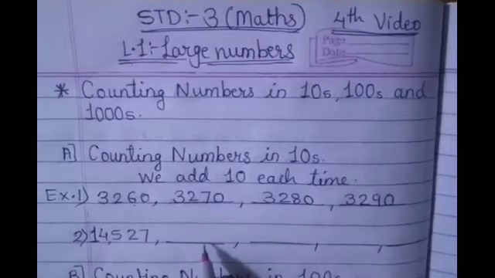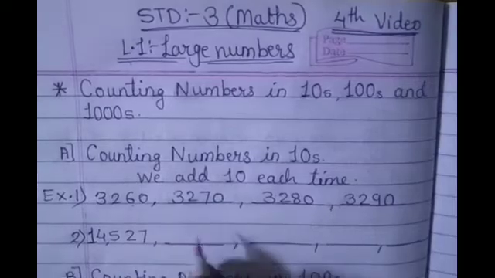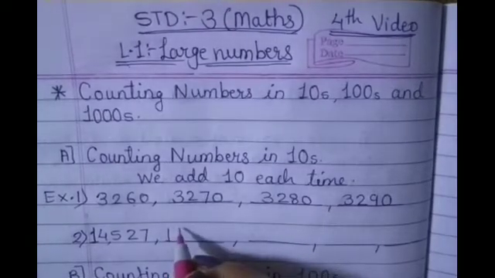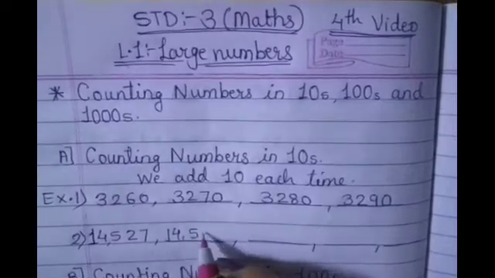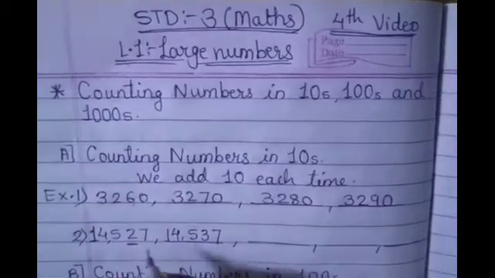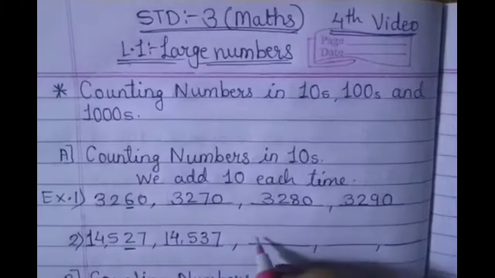So 2 will become 3, 4, 5, 6, etc. Now see here, counting it in tens, we will get 14,537. See, we are increasing the tens places.